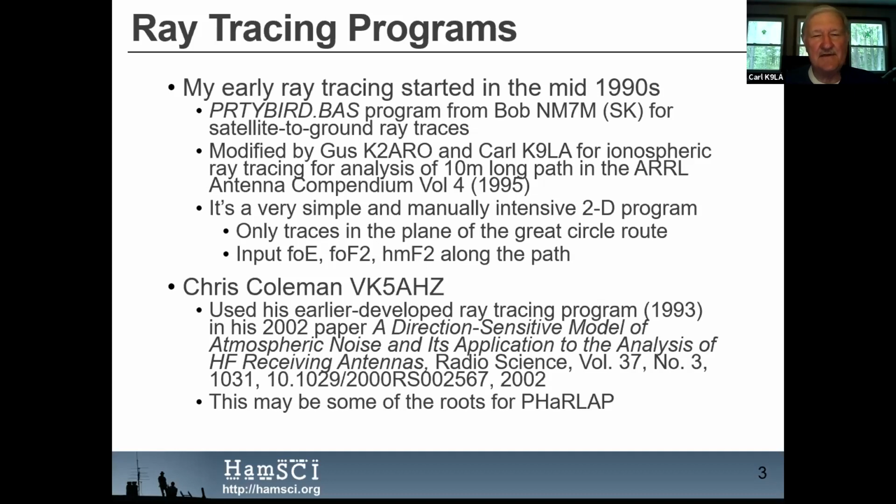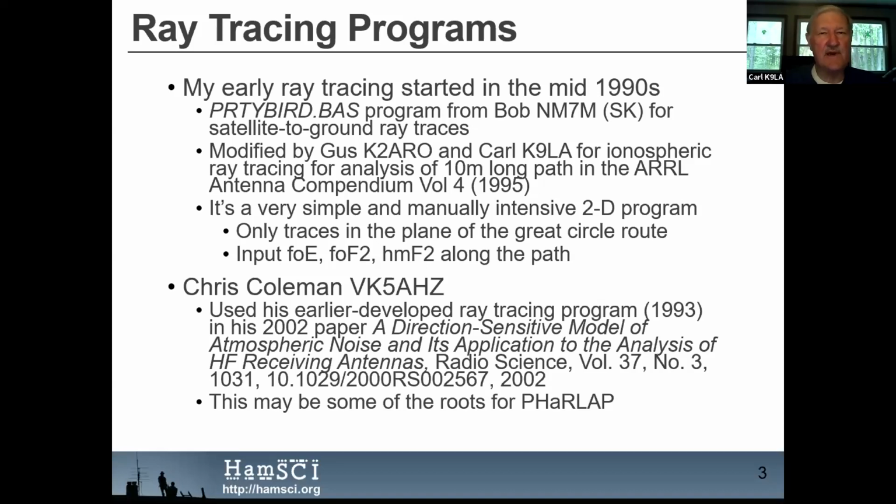Take that data, do some curve fits to get equations, and then insert those equations into the program. So it was very manually intensive, but you sure learned a lot about the ionosphere and other stuff.